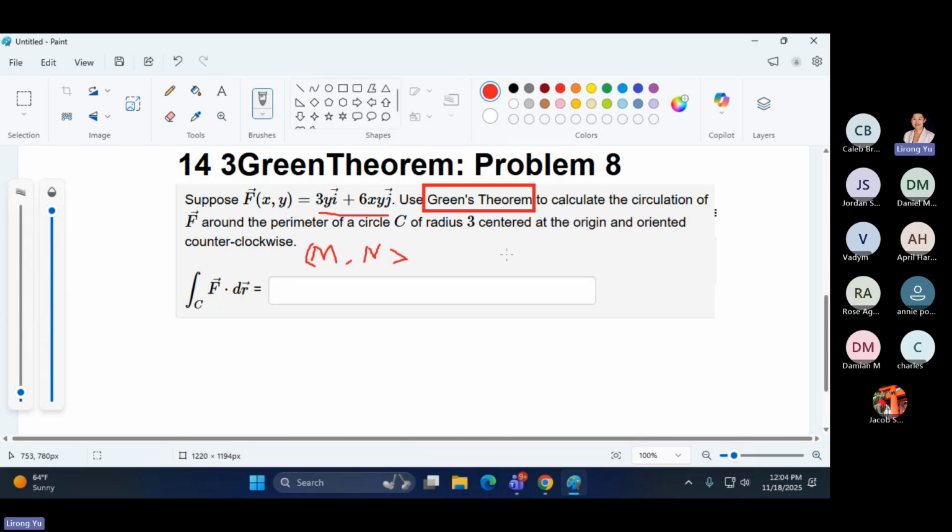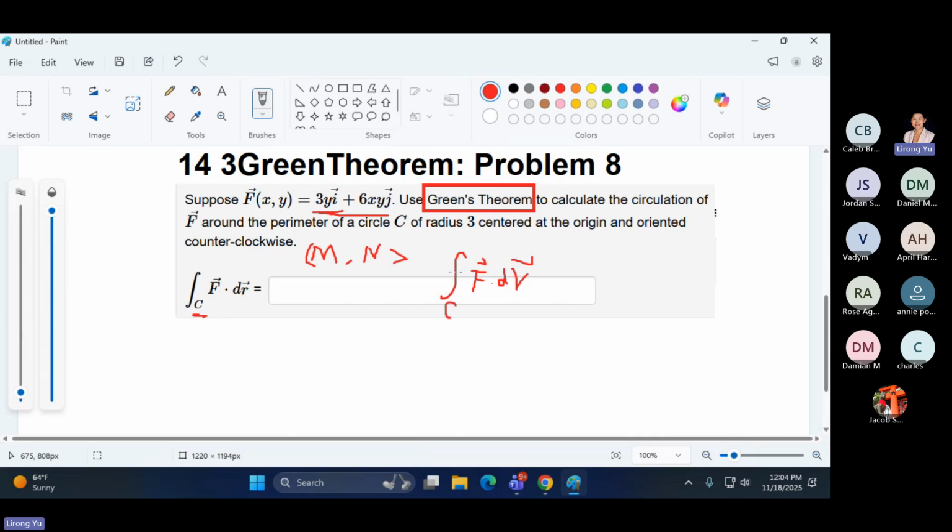The vector field is circulated along that curve. But in Green's theorem, you have a 2-dimensional vector field and a 2-dimensional curve C. Therefore, according to Green's theorem, what we have is the circulation, F dot dr.